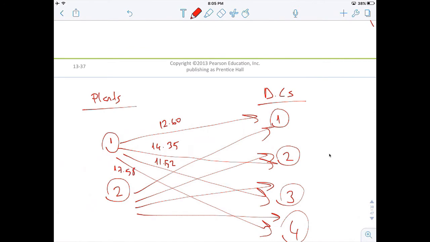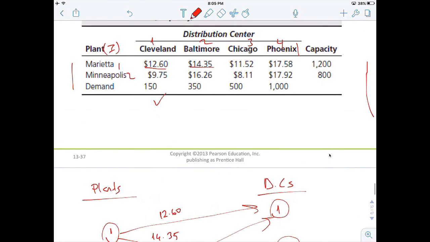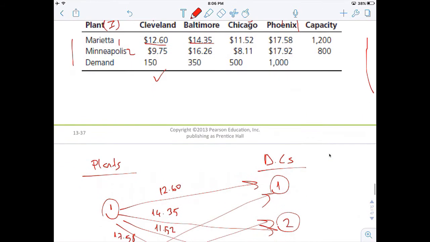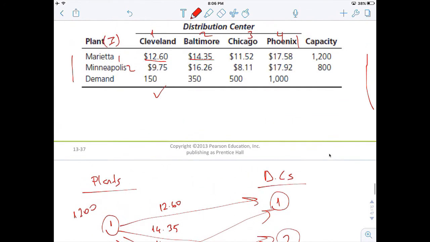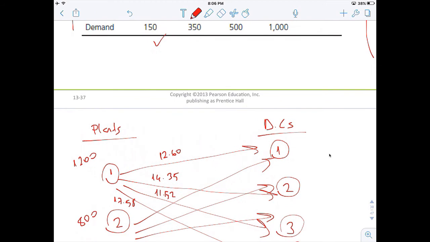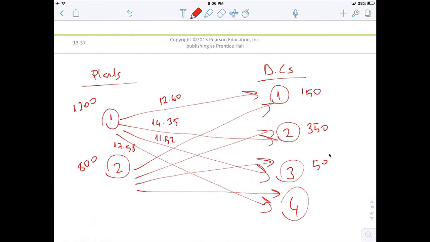Similarly, you can do the same thing from the second plant to all the DCs. The capacities of our plants are 1200 and 800. On the other hand, the demands from our distribution centers are 150, 350, 500, and 1000.